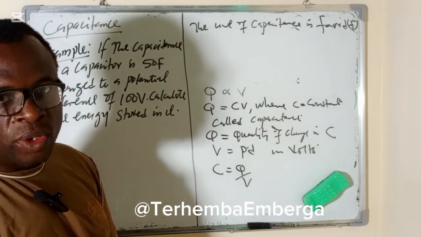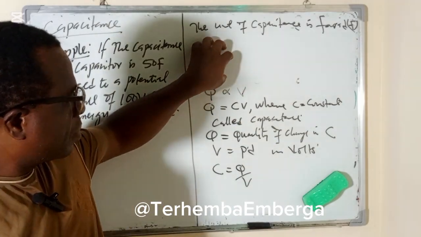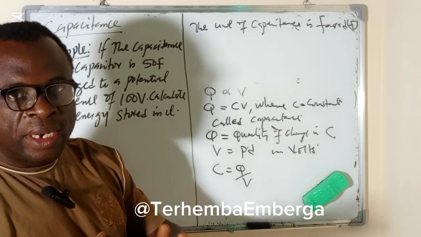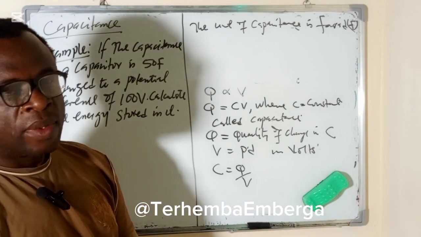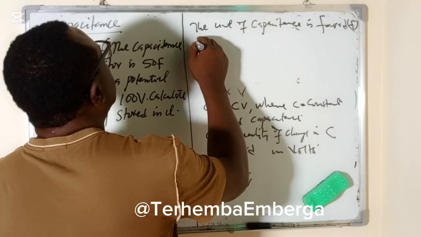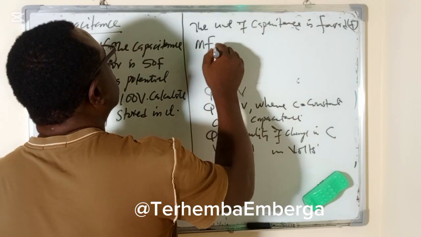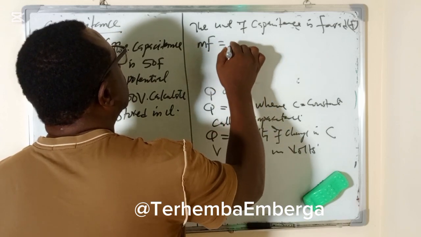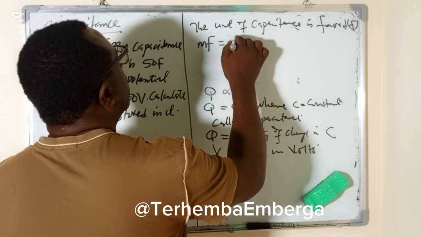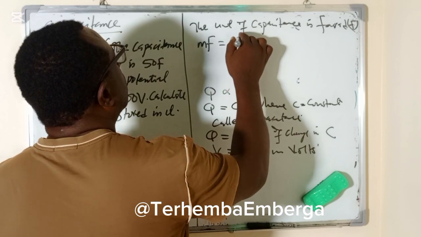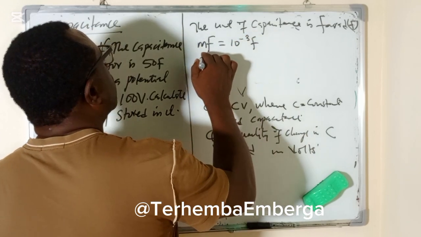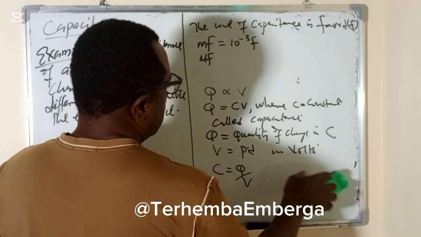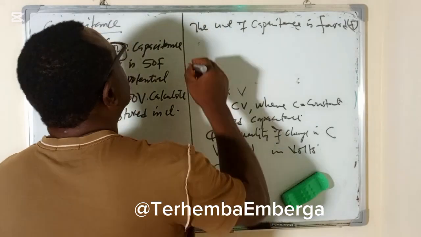So for the practical aspect of the electronics, the components called the capacitors, they come in the smaller units. And those smaller units can be millifarad, which is equivalent to 10 raised to power minus 3 farad.